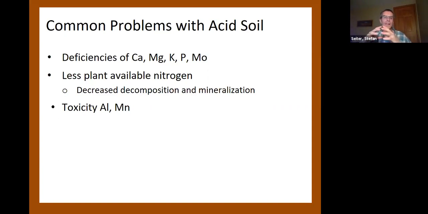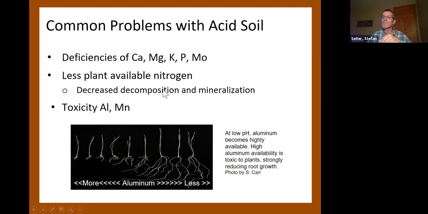And then you have problems like this one. This shows a young grain seedling at different pH with different amounts of aluminum in the soil, which is a function of the pH.